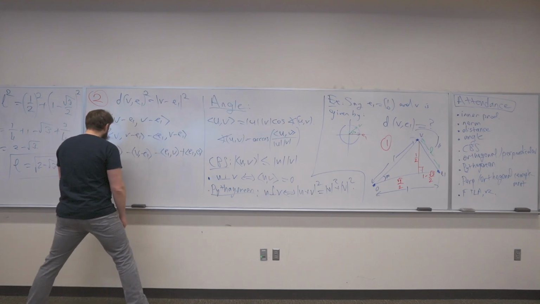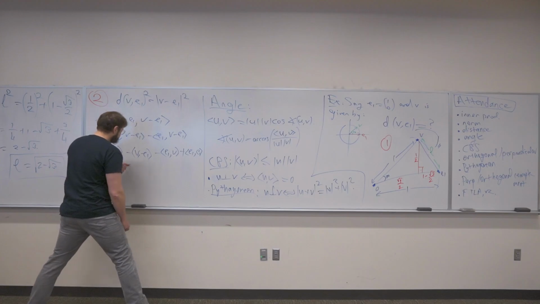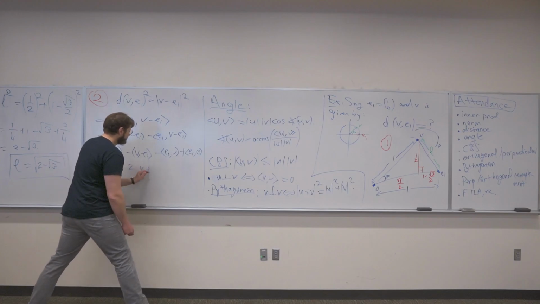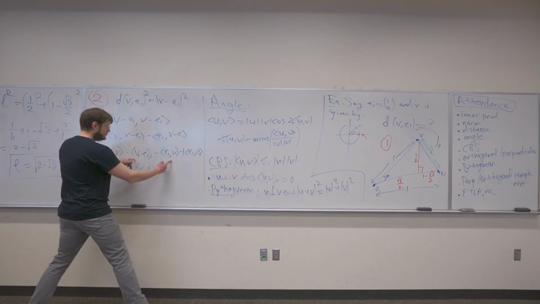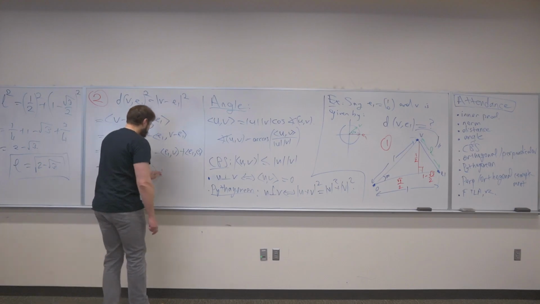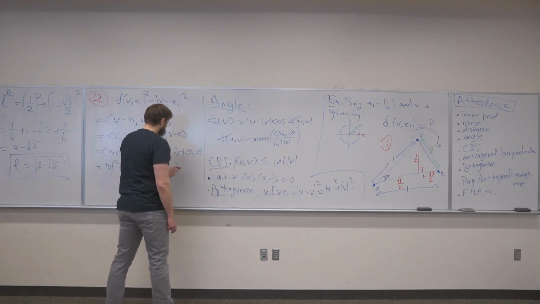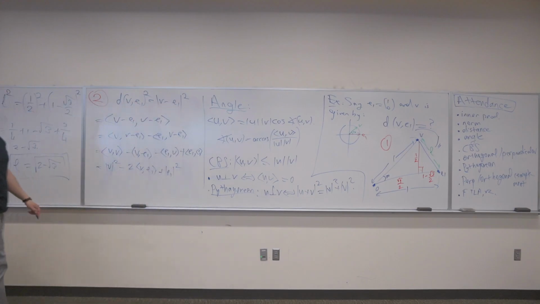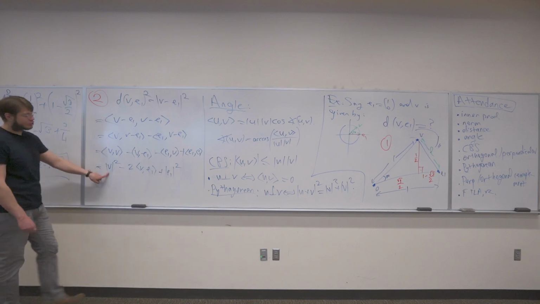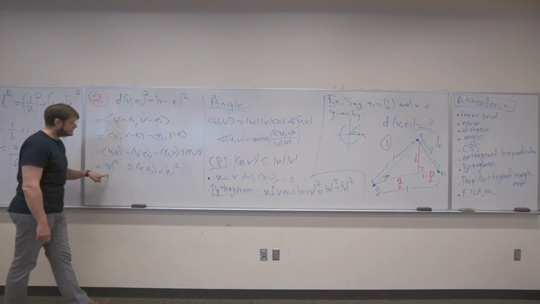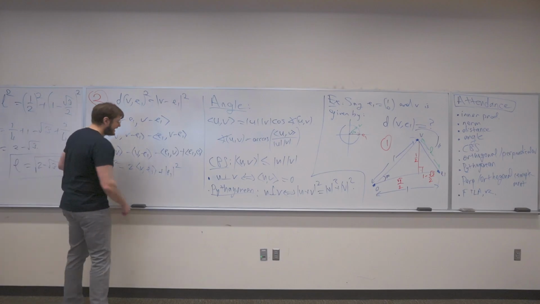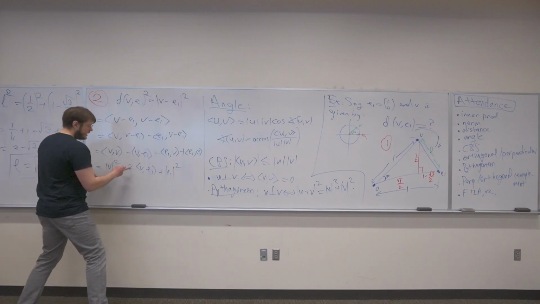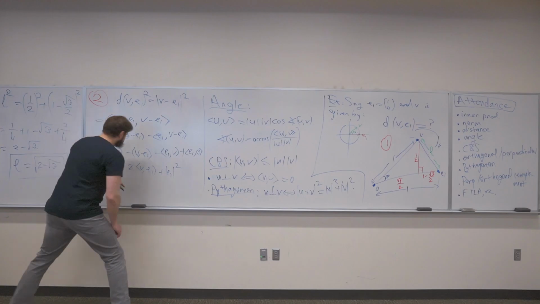And so you have V norm squared minus 2 times V against E1, and then plus E1 norm squared. I was given that both V and E1 are unit vectors. Their norm is 1, so this is 1 and this is also 1. In total, I have 2 minus 2 times the inner product.